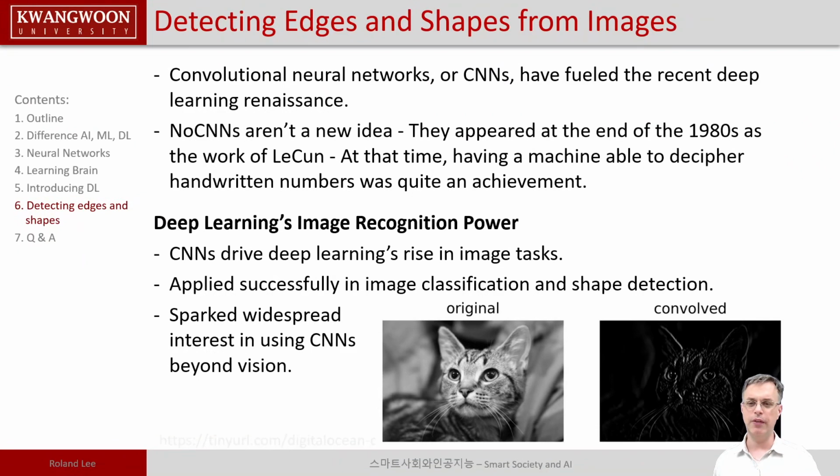Okie dokie. So detecting edges and shapes from images. Convolutional neural networks, also CNNs, have fueled the recent deep learning renaissance, so the deep learning development. Practitioners and academics are persuaded that deep learning is a feasible technique because its results in image recognition tasks are excellent.